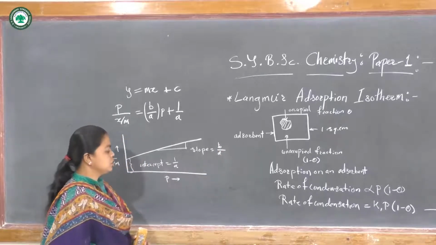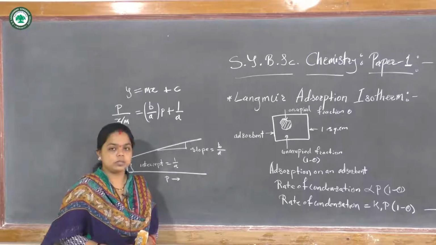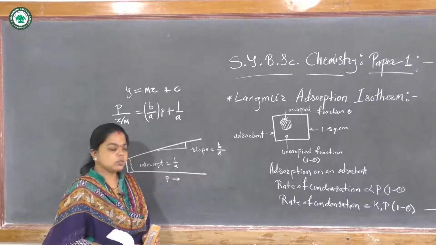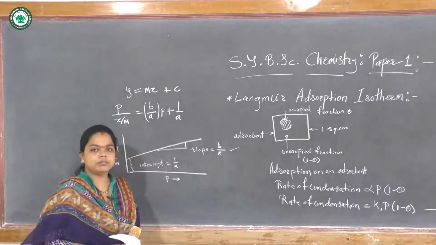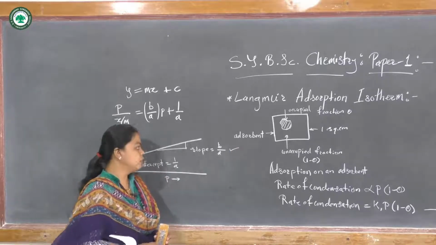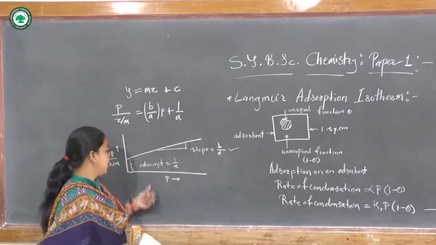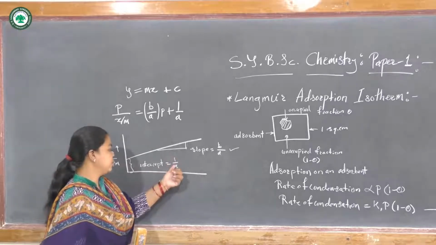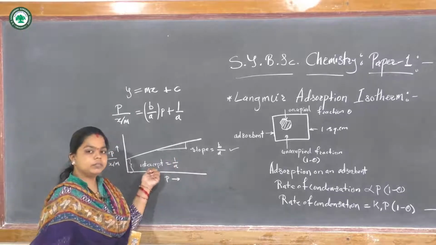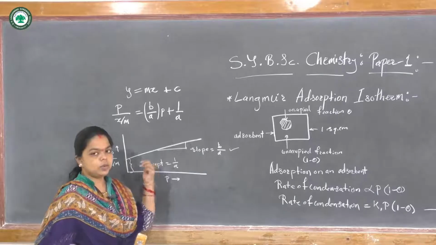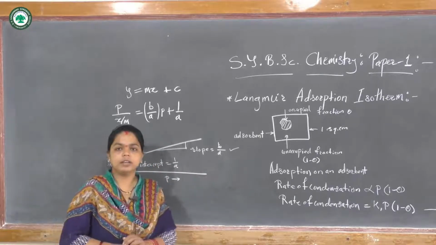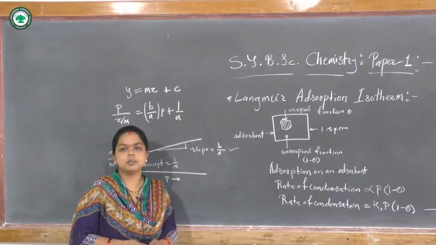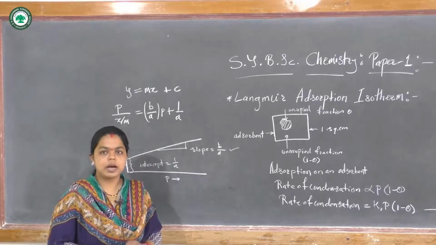So the values of the proportionality constants can be determined from the graphical method. We get the value of b divided by a from the slope, and 1 upon a from the intercept. As this is a straight line graph, we can determine the values of the constants. So this is about the Langmuir adsorption isotherm.